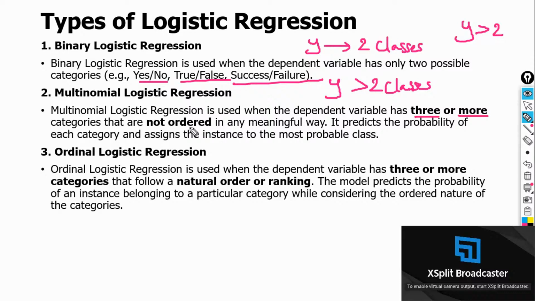What do you mean by ordering? Friends, in the previous playlist, if you remember, we discussed the scales of measurement, in which we have nominal, ordinal, interval, ratio. I hope you remember.